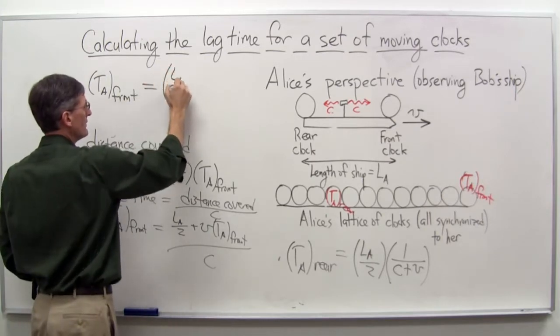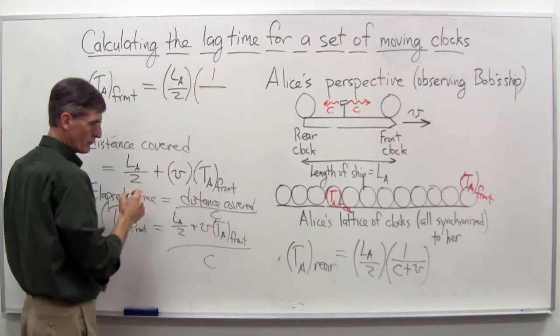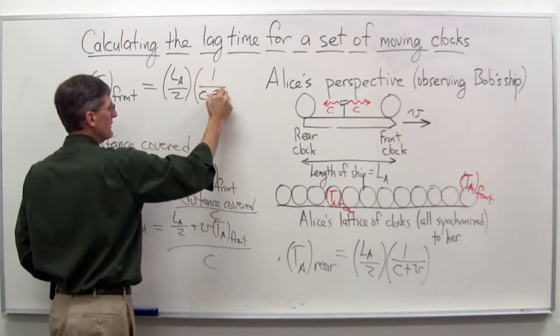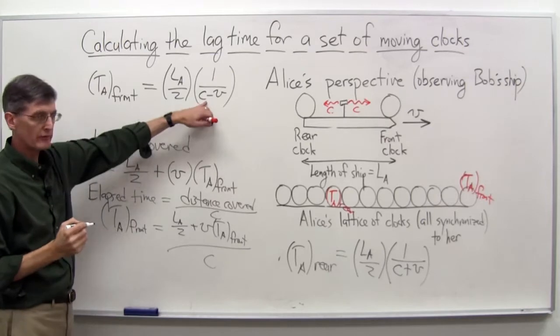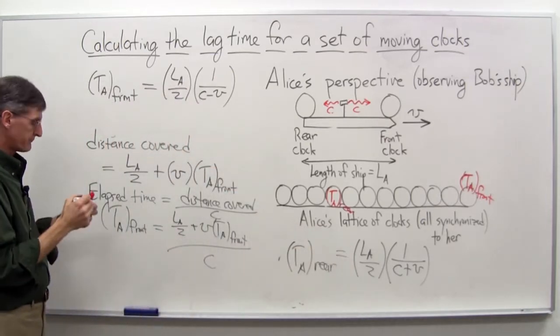It's LA over 2 times 1 over C minus V. So there's a C minus V here instead of a C plus V in the first case.